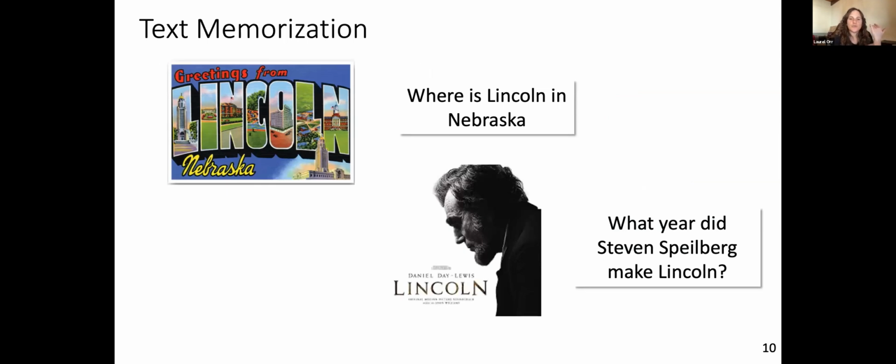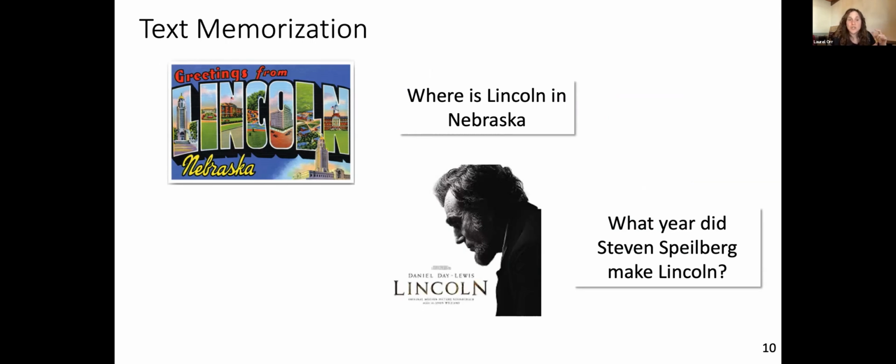So if I asked you, where is Lincoln in Nebraska? Or what year did Steven Spielberg make Lincoln? You'd be able to know that the first Lincoln refers to Lincoln, Nebraska, the city, and that the latter refers to the movie Lincoln by Steven Spielberg. The reason you can do this is actually very straightforward: it's because of the textual patterns there.